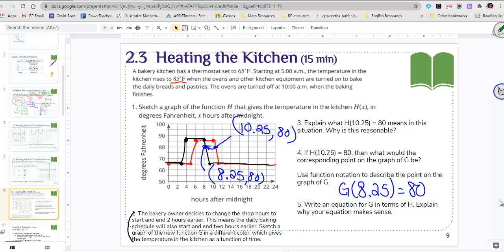And so here is why this stuff is happening. Because these 2 points are corresponding to each other.